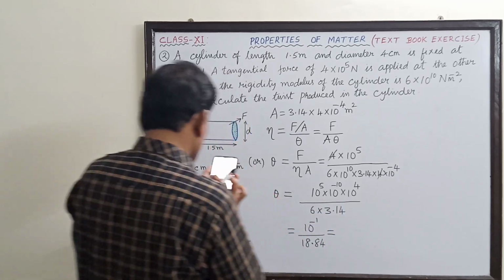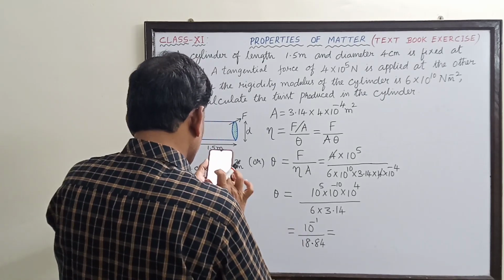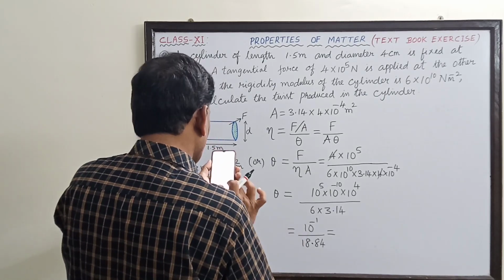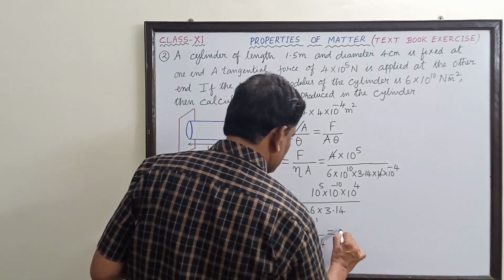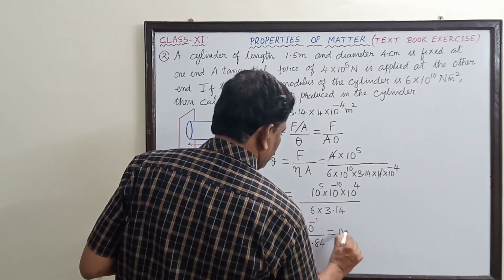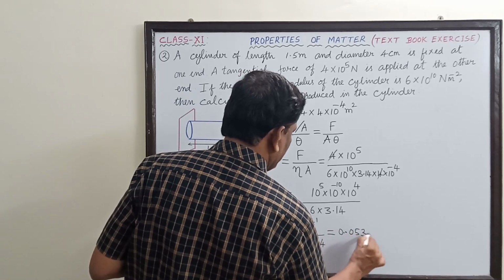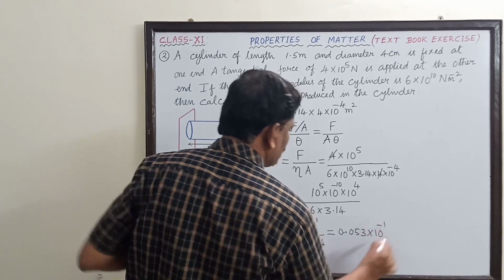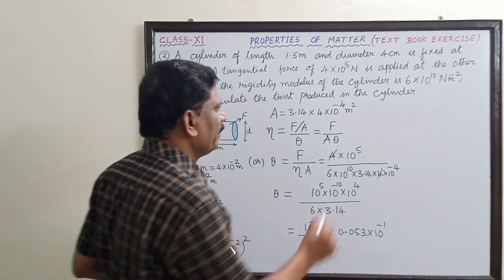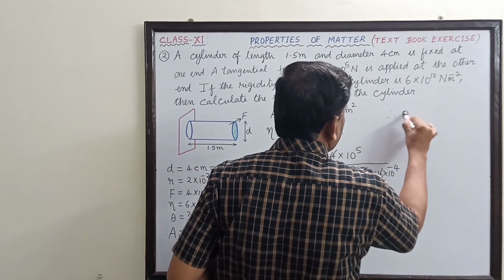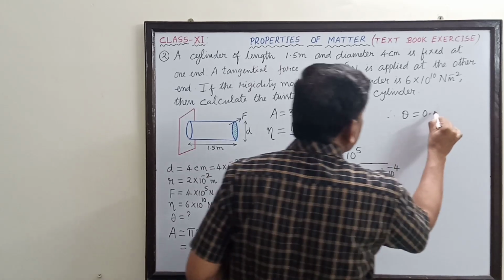So 1 divided by 18.84 is equal to 0.053. So 0.053 into 10 power minus 1. One more decimal place has to be shifted. Therefore, theta must be equal to 0.0053.